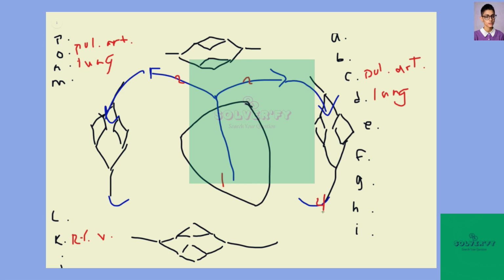So this is going to be option number 4 for both of these. And like we said, this structure is the pulmonary vein. So that's going to be option E and also option M, pulmonary vein.